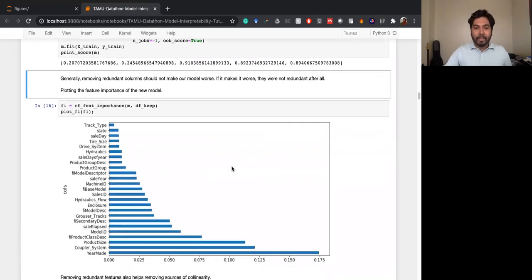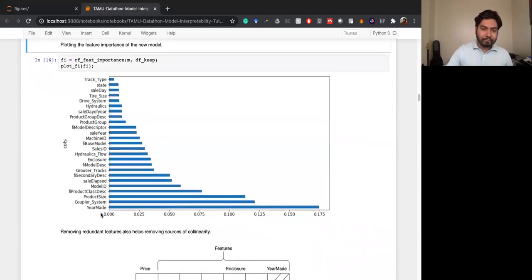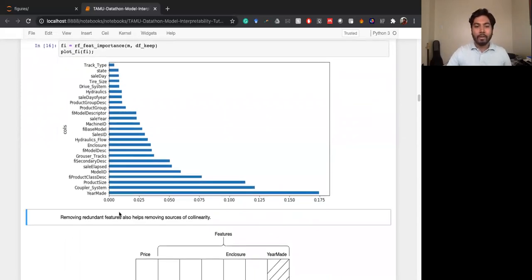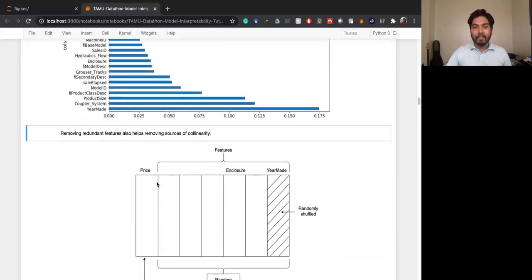Now again, if we plot our feature importance plot, it looks pretty similar to the one that we obtained earlier. I'd also like to point out that removing redundant features also helps in removing sources of collinearity. We'll discuss it a bit later.